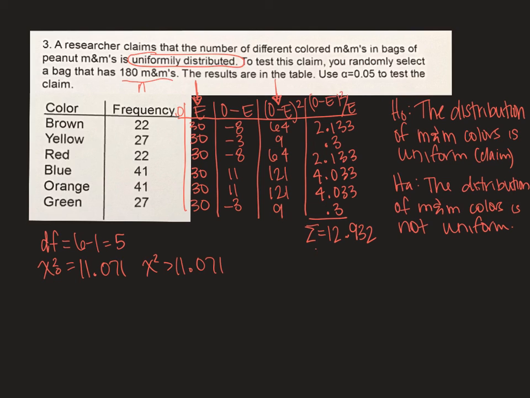So this number that we found right here is our chi-square value. So we're just comparing that. So 12.931 is greater than 11.071. So since it's greater than 11.071, we reject H0.